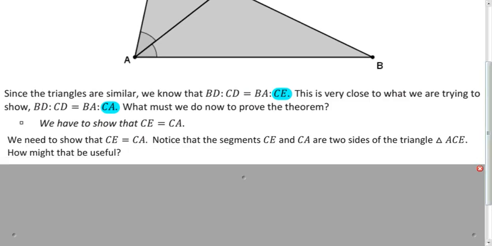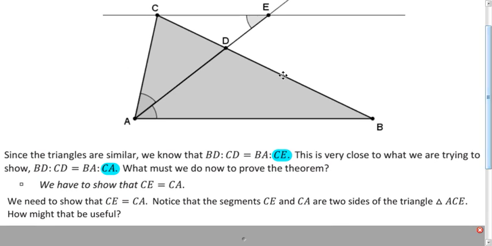So what do you notice about segments CE and CA? What's special about them? Well, they're both sides of a triangle. But what type of triangle are they the sides of? They are sides of an isosceles triangle. In particular, they are the legs.